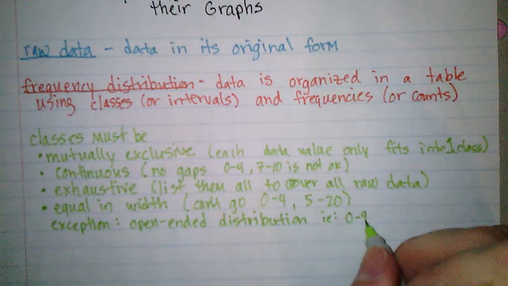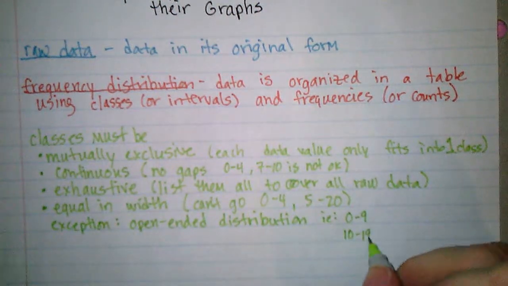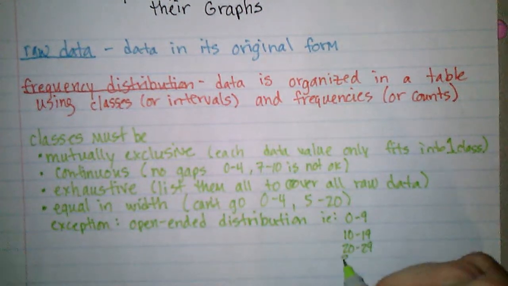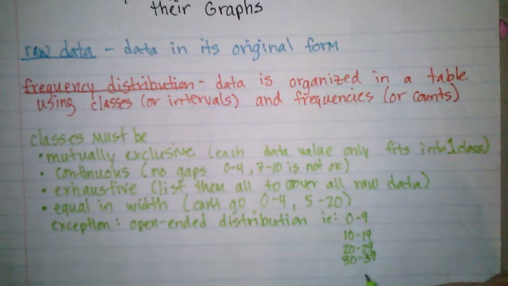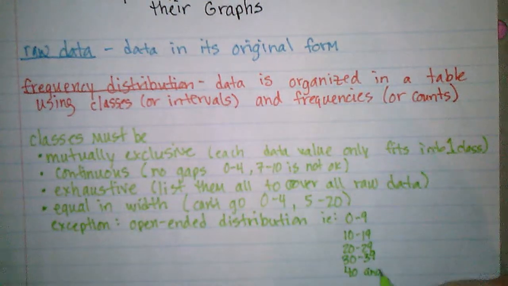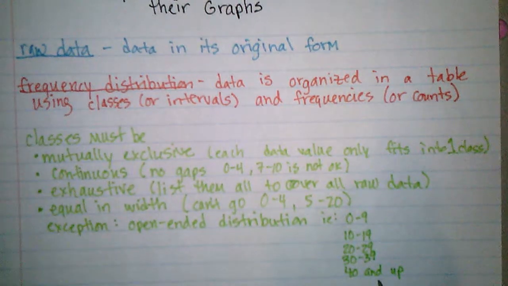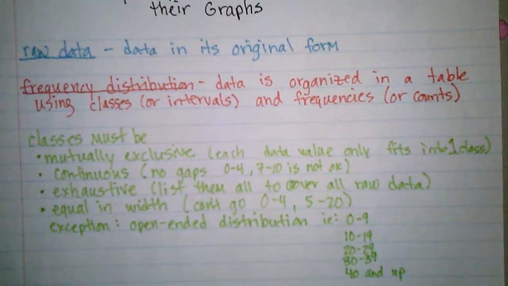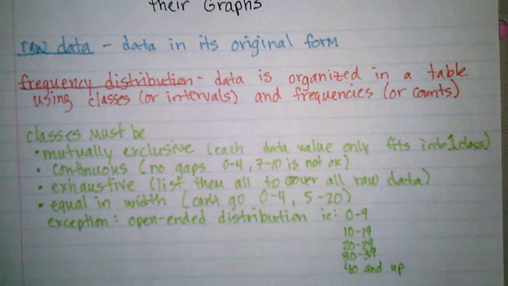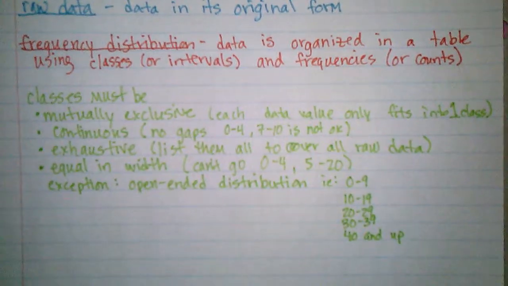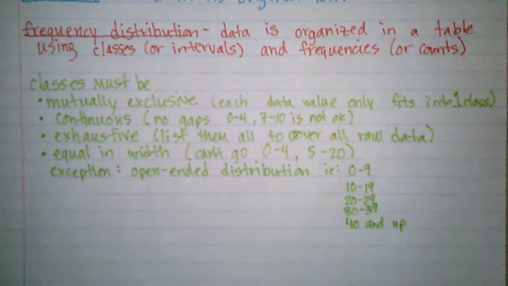So if I went from 0 to 9, and then 10 to 19, 20 to 29, 30 to 39, and then I just went 40 and up, that's what we call an open-ended distribution. So we're allowed to kind of violate that equal in width when we have that situation.